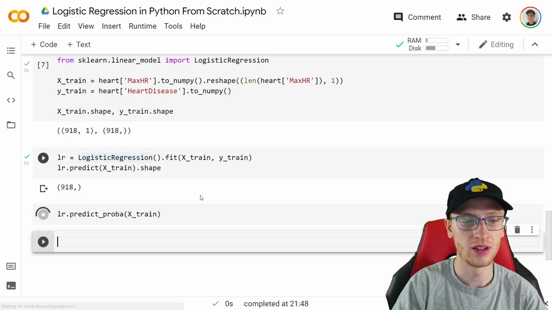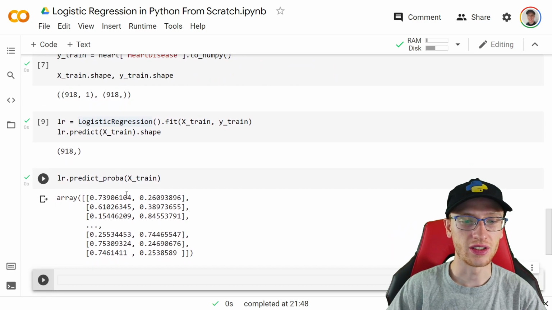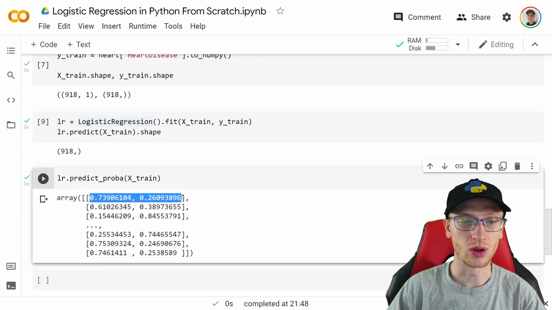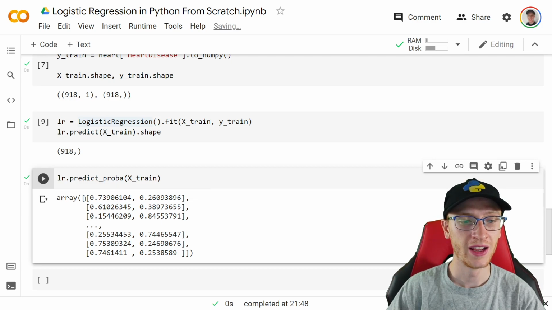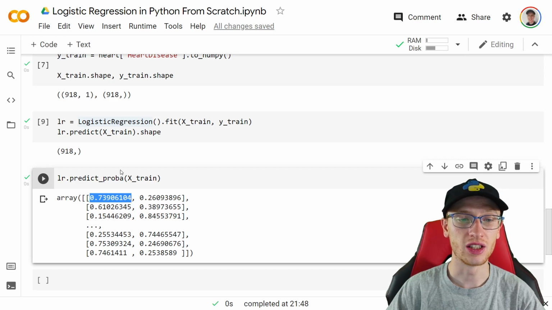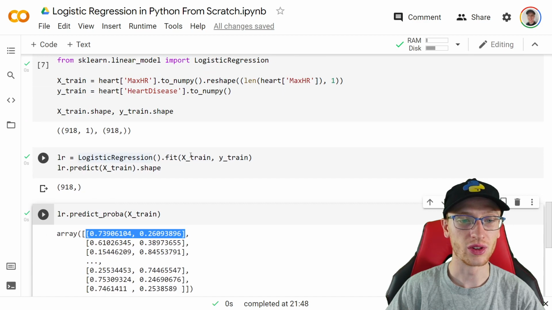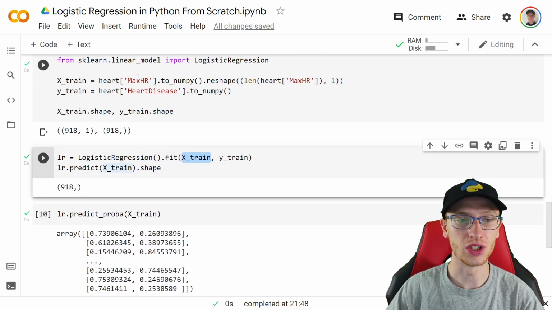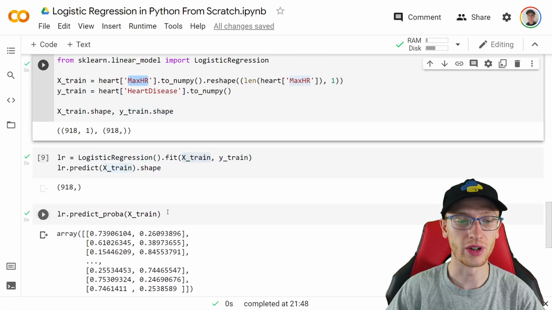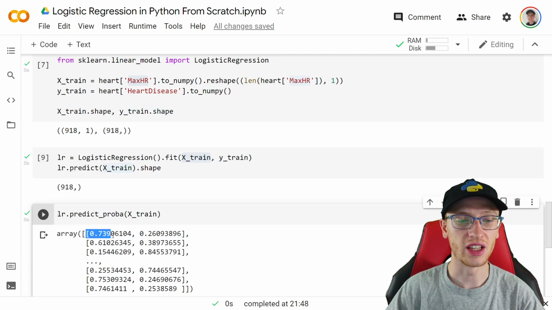If we give that x_train, then here it's this NumPy array where these values are always going to sum to 1, because that's the proper probability distribution. This part is the probability the model thinks for the first row, which is the first person's max heart rate.